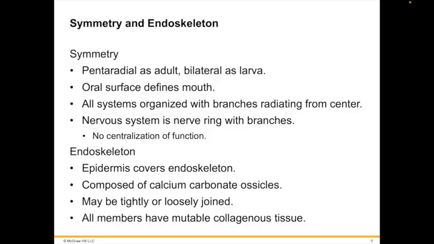In sea cucumbers, by contrast, the ossicles are widely scattered, so the body wall is flexible. The ossicles in certain portions of the body of some echinoderms are perforated by pores. Tube feet, part of the water vascular system discussed earlier, extend through these pores.